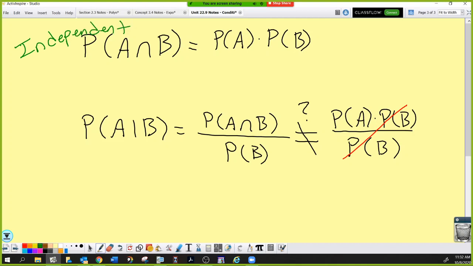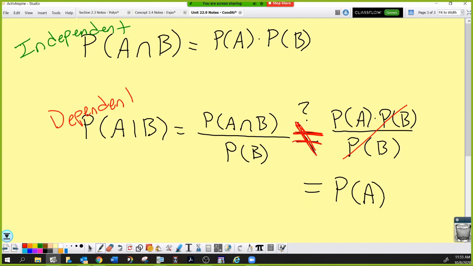But when you're talking about conditional probability, the only time that this is a true statement is when they're independent. For example, what is the probability I roll a 2 given that I flipped a heads? 1 out of 6. Why? Because they were independent events. So the given part meant nothing. But when they are dependent events, this is absolutely not true.